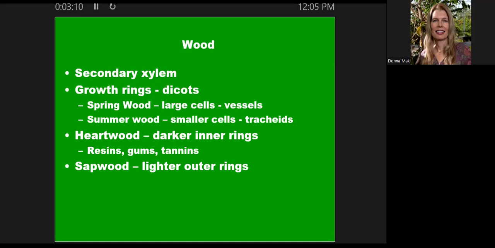They're just being used for support. And the tannins and so on are really good at protecting that portion of the tree against attack by fungi or insects. And then the so-called sapwood is the active area of xylem that is actually being used for mineral and water uptake.